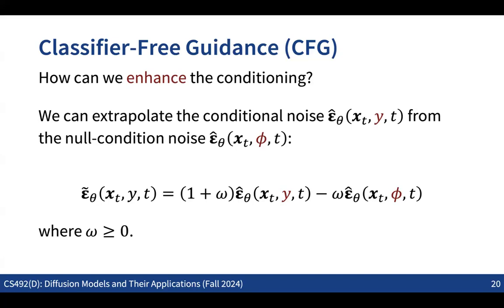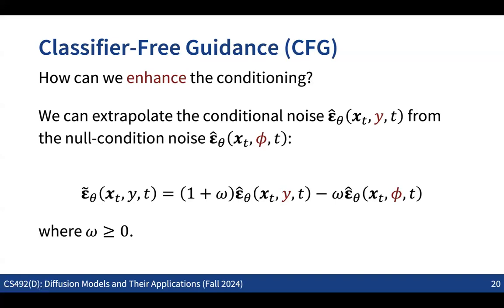If you see this formulation, the first part is the noise that we predict with our condition y, and this is the noise that we predict without any condition, where we just feed the null label. If we do an extrapolation from the null condition toward the image label that we have, then we are enhancing the condition more.